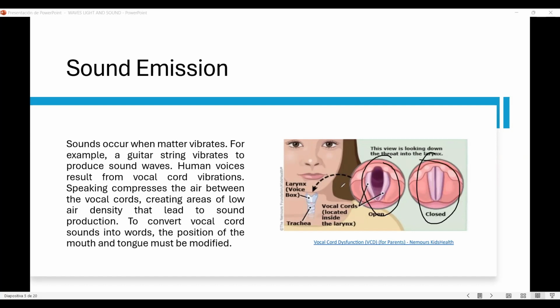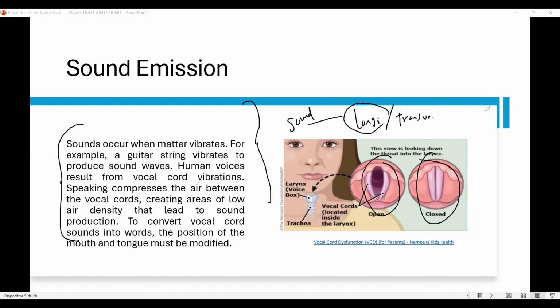Sound waves are created due to the pressure that travels through a medium like air, water, or solid materials. These waves are called sound waves and can be classified as longitudinal waves.